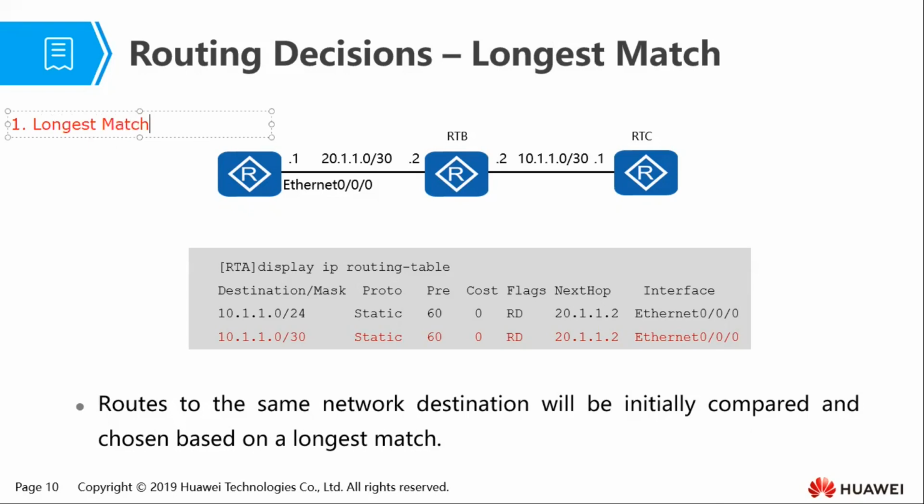We begin with what we call the longest match, then we go to what we call preference, then we go to what we call the metric or the cost. Actually, I like just calling it the cost metric, which is associated with the bandwidth. Then if all those are the same, we do what we call load balancing.